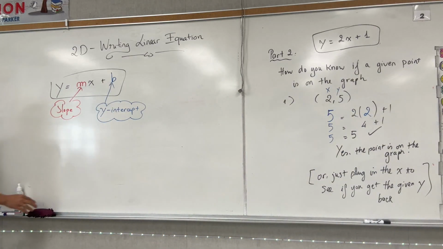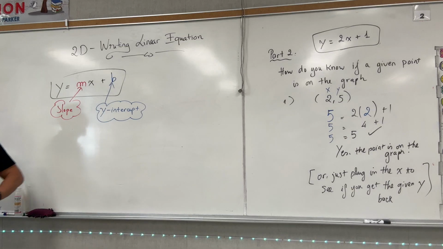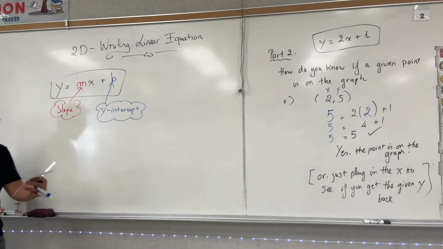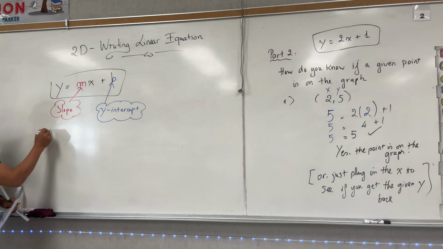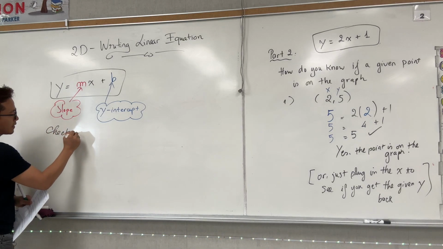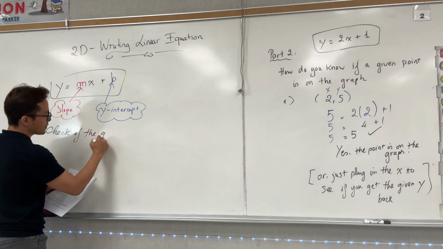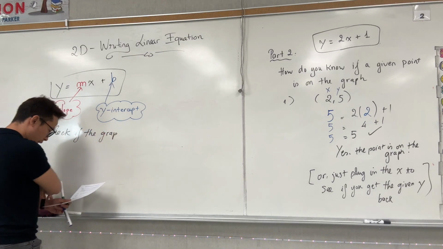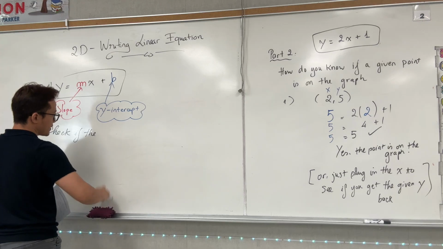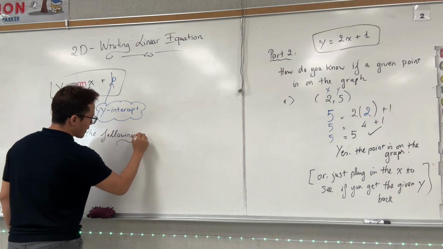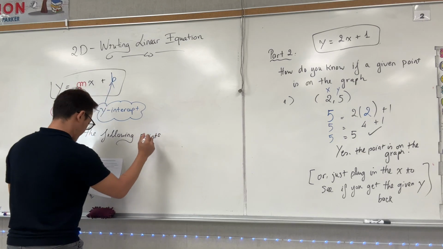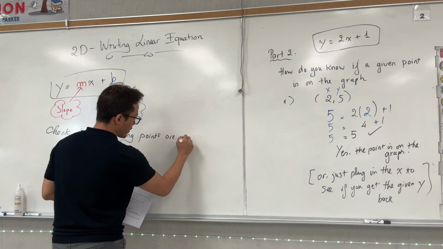Now I'm going to give you a list of numbers. Whoever raised their hand first and answers correctly, I'm going to give you a point, okay? Same question: is the point on the graph or not? So the direction is: check if the following points are on the graph.